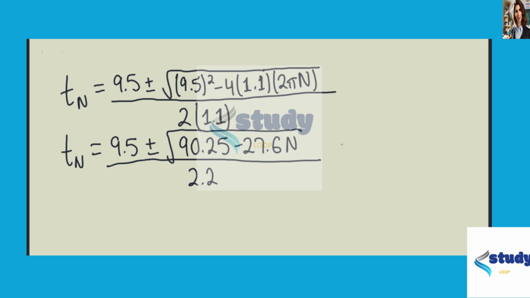If we want to find the solutions for t sub 0, this simply means that n equals 0.